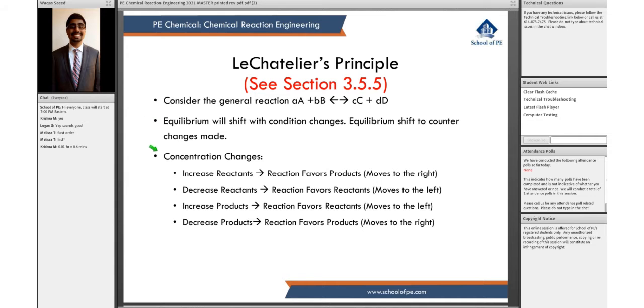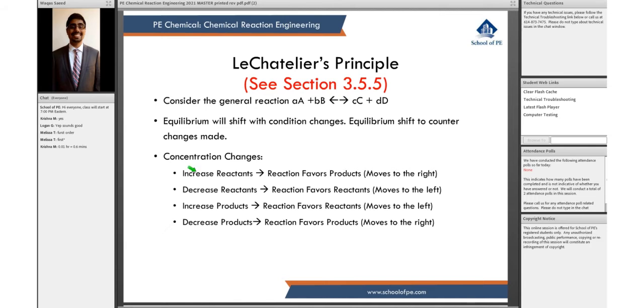So when we're looking at concentration changes, if you increase the reactants, in this case A and B, or A or B, when you increase the reactants, you're no longer in equilibrium, and the way you can get back into equilibrium is the forward reaction needs to be favored. You need to form more products.